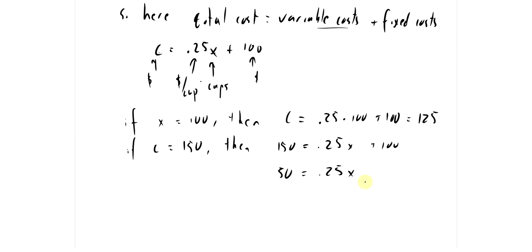And then dividing both sides by 0.25 gives me 200 cups. So I can make 200 cups of coffee for $150. Of the $150, $100 goes to my fixed costs, $50 goes to making cups of coffee. Each cup of coffee costs me a quarter, so for $50 I can make 200 of them.